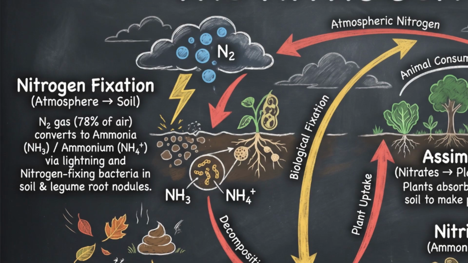This happens in 2 main ways: through lightning in the sky and, most importantly, by special bacteria called nitrogen-fixing bacteria, including those living in the root nodules of legume plants like beans and peas. This step brings new nitrogen into the biological system.